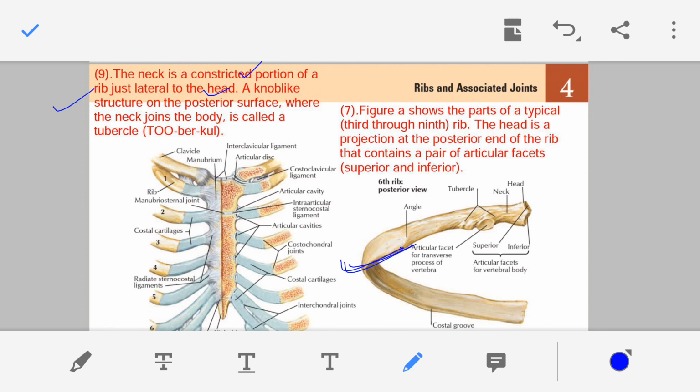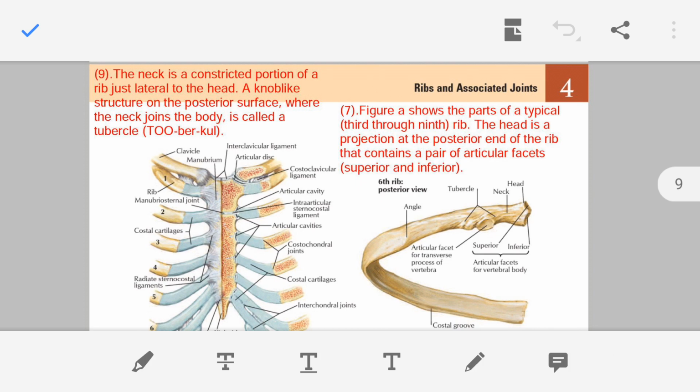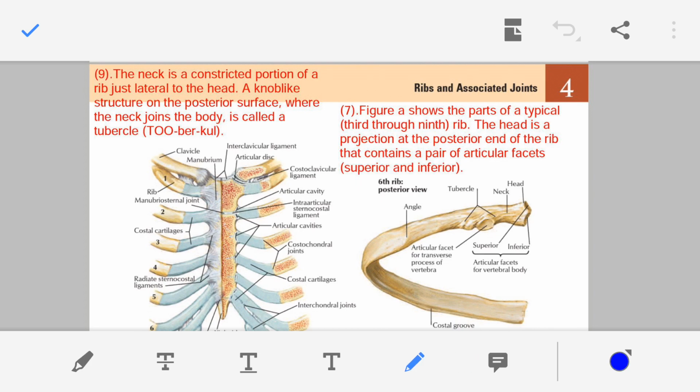This is the rib, and just after the head, you can see this constricted portion, and this constricted part is known as the neck. Okay, then posterior to the neck, or just after the neck, a knob-like structure is present. For example, we are talking about this.